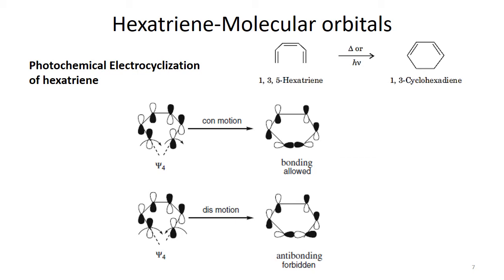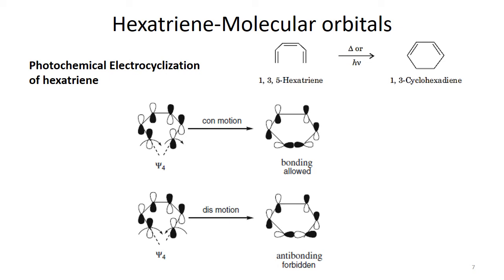But in case of psi4, when it goes into disrotatory mode of motion, both these orbitals on the terminal carbon atoms move in the opposite direction. And why do they have to move? We know that we are going to make another sigma bond. For a sigma bond, these 2 terminal orbitals have to coincide head to head, so in any case they have to move towards each other.